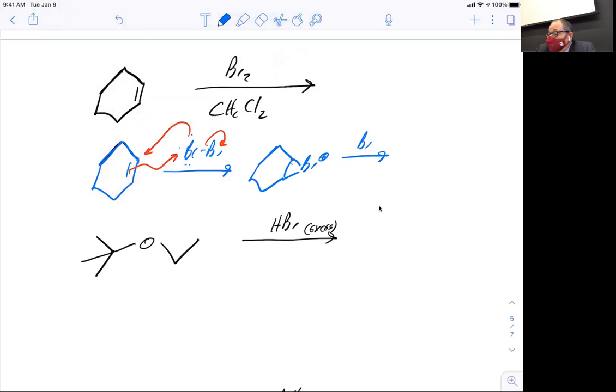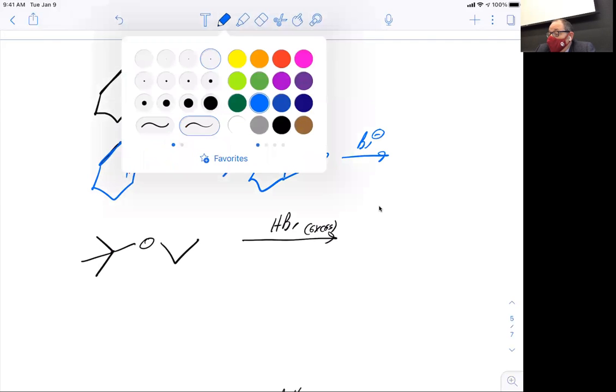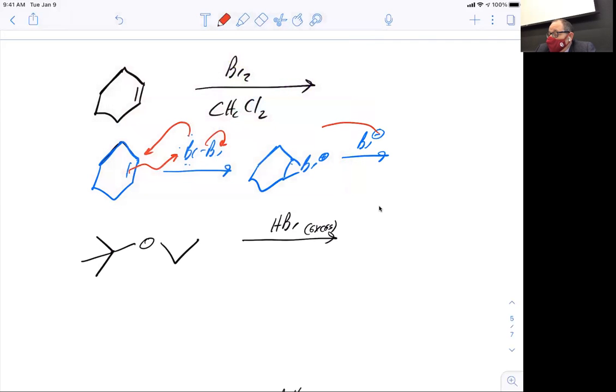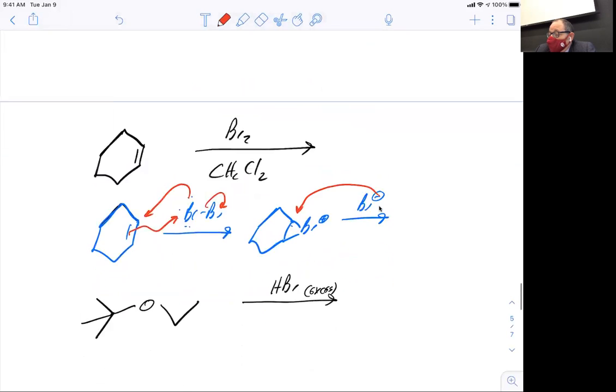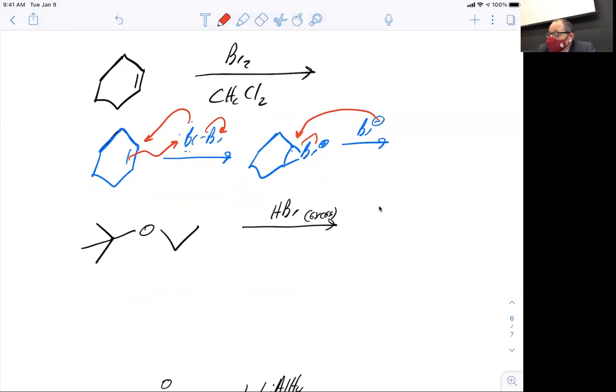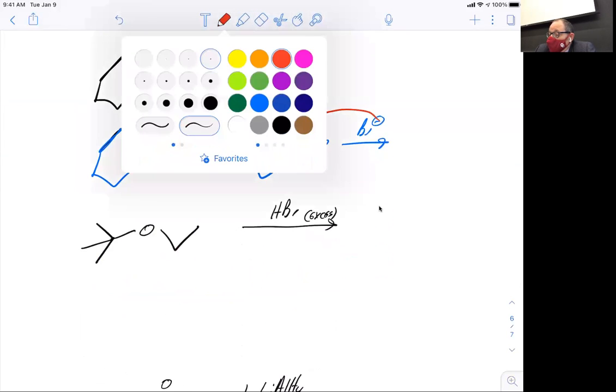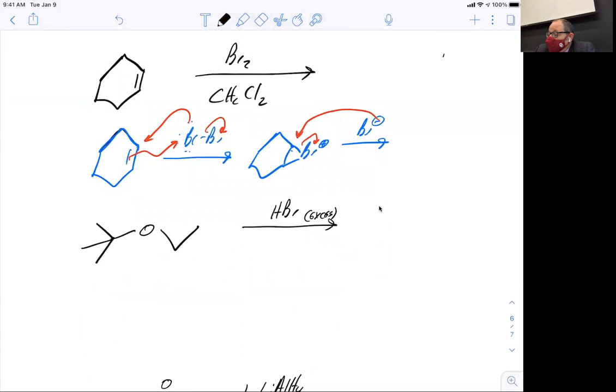And then the bromide comes in and does a backside attack. My product is going to be the dibromide. And if you showed the enantiomer of that, that's fine. What you can't show is the diastereomer.